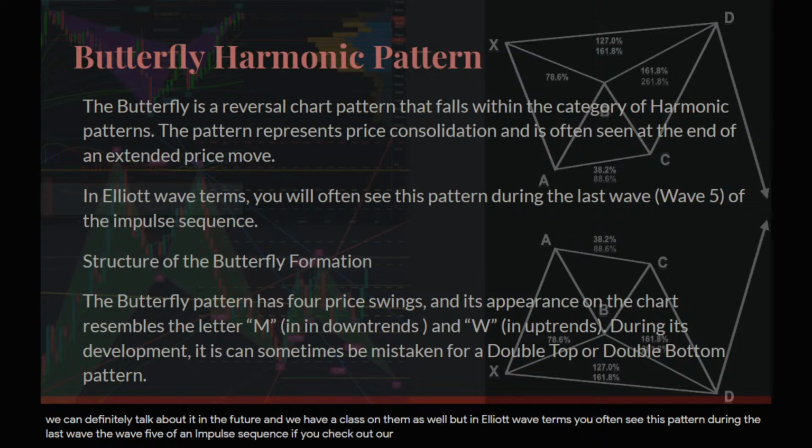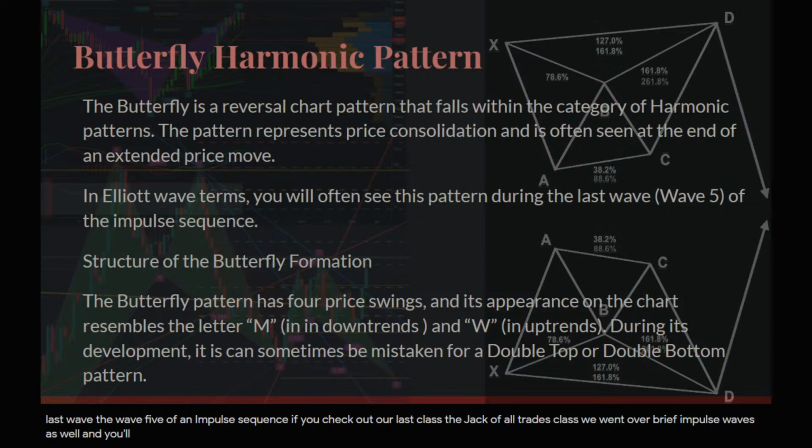If you check out our last class, the Jack of All Trades class, we went over brief impulse waves as well. You'll also notice how a corrective wave is very similar to an ABCD pattern, but an ABCD pattern is a more advanced way of looking at it. So you guys are ahead of those Elliott wavists.